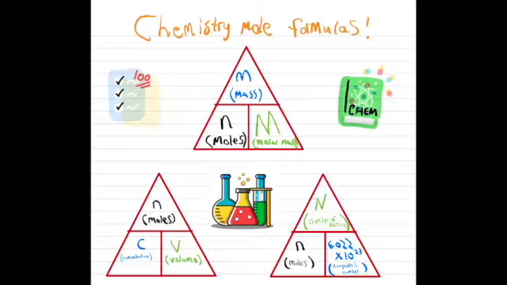But the last one is number of particles, Avogadro's number, not avocado, and moles. So it's important to remember this number in chemistry. It's not that hard to remember. You just gotta try and memorize it. It's 6.022 times 10 to the power of 23. And capital N, not lowercase n, is number of particles.